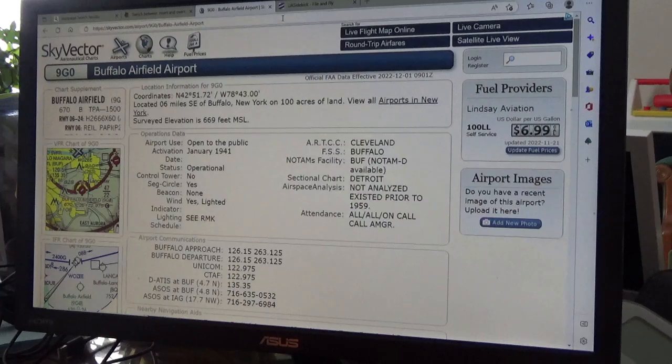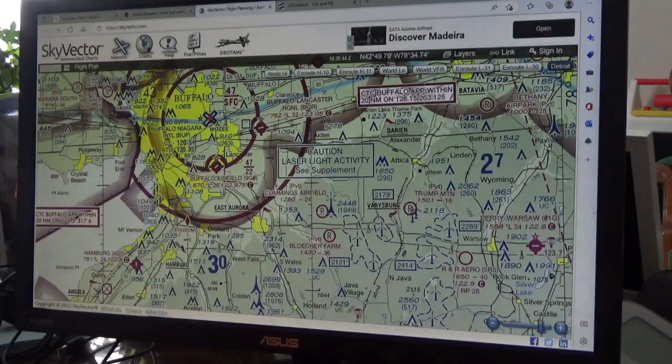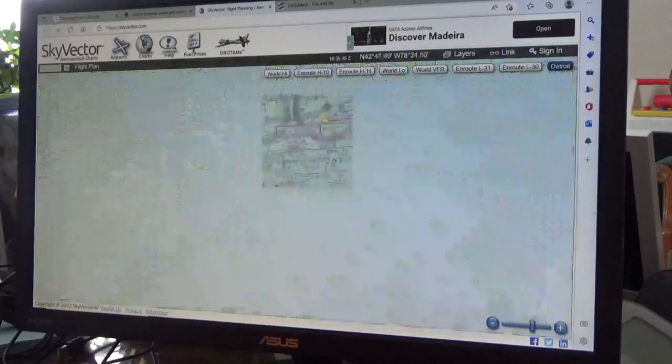How do I go back from here? Yeah. So, magnetic variation lines.